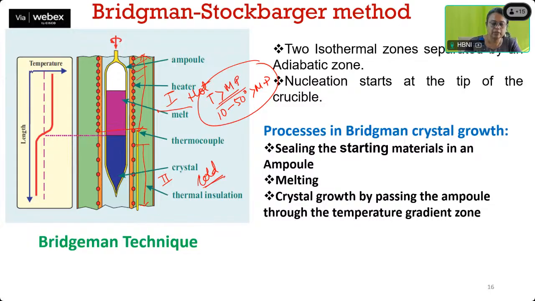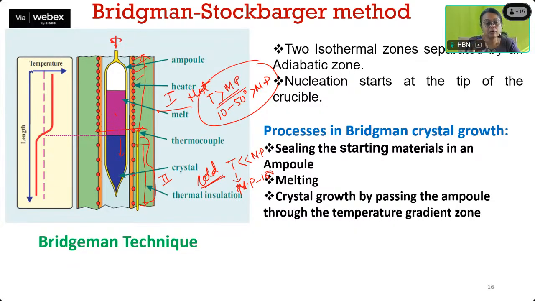This cold zone is at a temperature much less than the melting point, say melting point minus 100 degrees. Initially we keep our crucible here, the material gets molten, and then slowly we are lowering it.